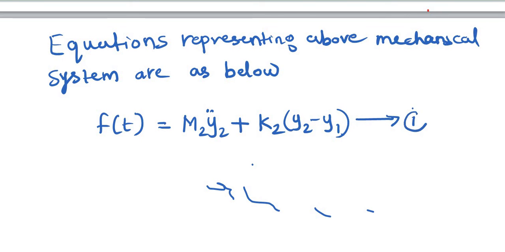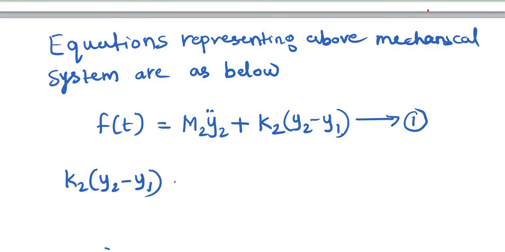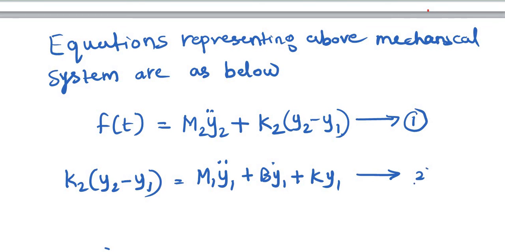So let me call this equation 1. This is for free body diagram 1, and the second equation, for free body diagram 2, where the input force will be K2 into y2 minus y1, is equal to m1 y1 double dot plus b y1 dot plus k1 y1. So let me call this equation 2.